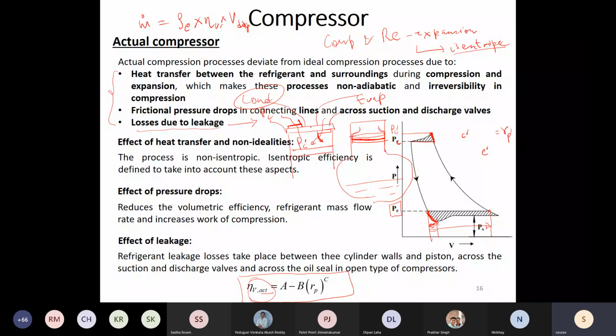If the discharge valve, the valve on the condenser side, has failed, then when you're compressing, the gas goes out. When you are again re-expanding, the gas is sucked back in from the condenser. So ultimately, you will not have any mass flow rate in your loop. The same amount of mass is being pushed and re-expanded.